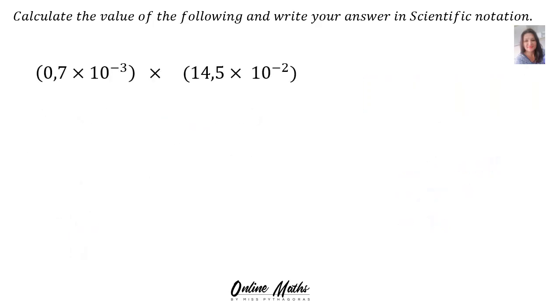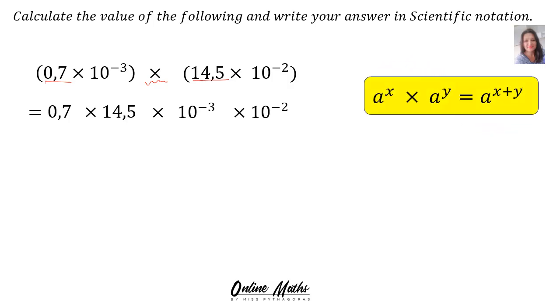The question: calculate the value of the following and write your answer in scientific notation. Again, there's a multiplication, so we will multiply. We will start by saying 0,7 times 14,5, and then in terms of the times 10 to the power of negative 3 times 10 to the power negative 2. We'll do them separately.